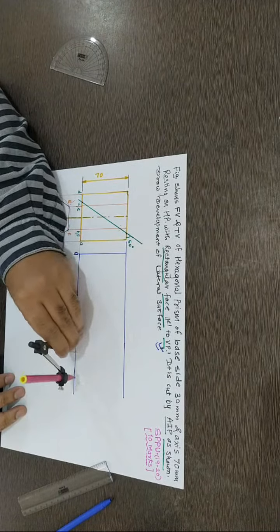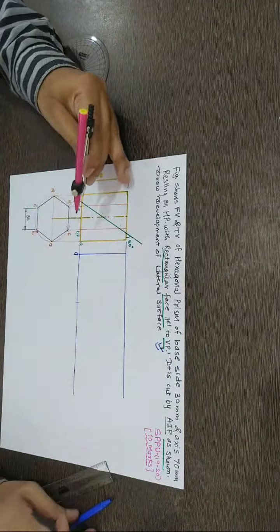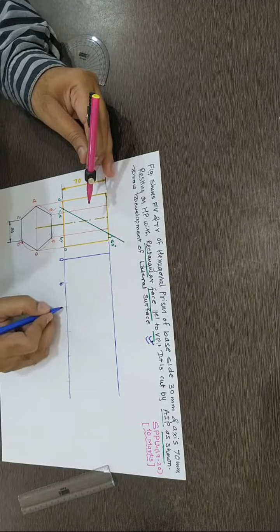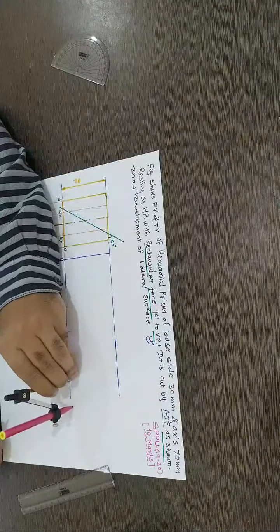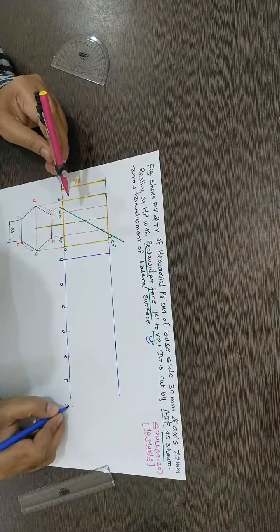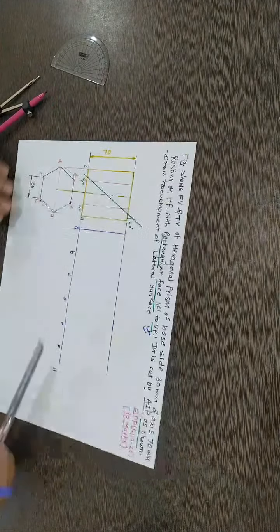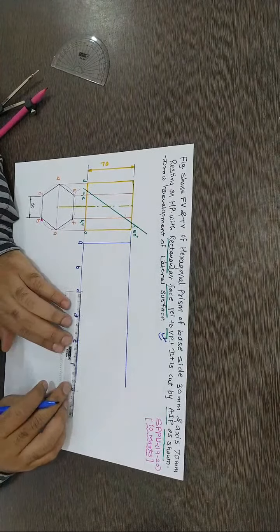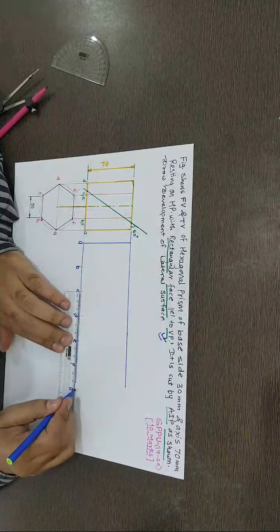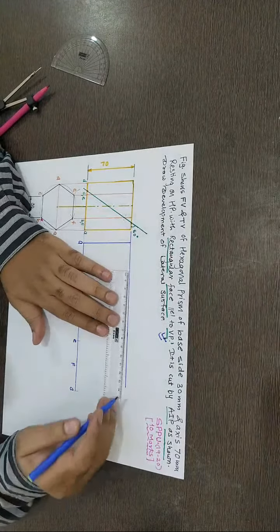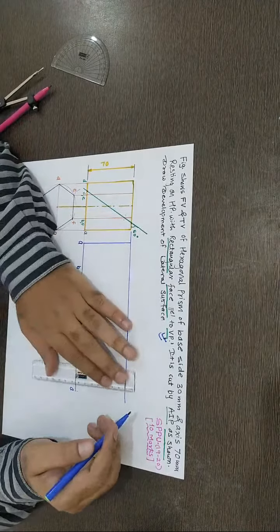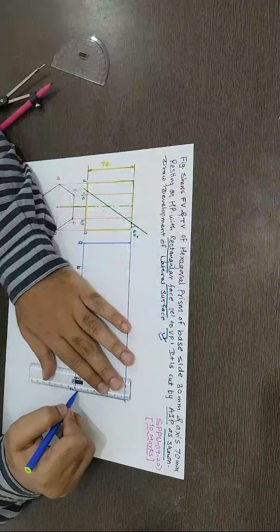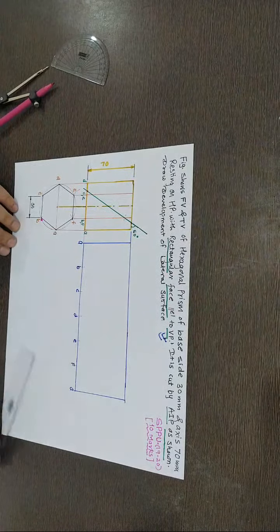Or you can directly attach a scale and measure it. So A, B, C, D, E, F, and one more, the last is the same, A.